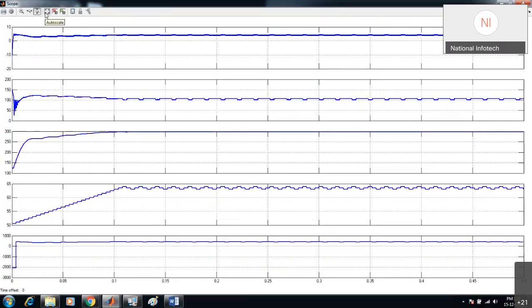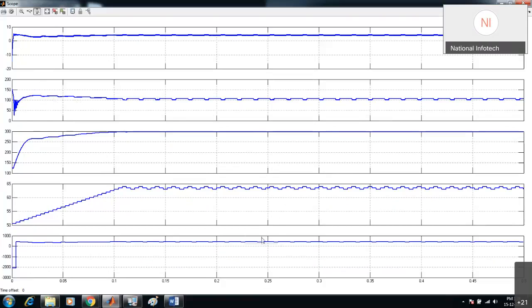In most simulations we get this in the initial portion, so we try to avoid this portion of the simulation. Hardware we are not getting this kind of behavior. Okay, that's why.